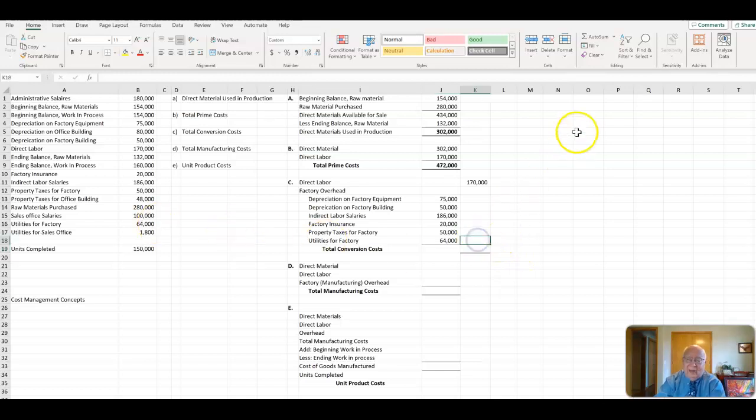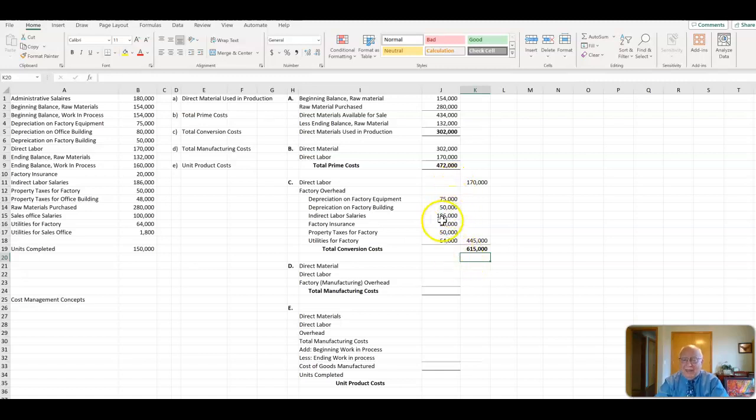Okay, so we add these up, and we come up with a total of 445, which we then add to the 170. 170 plus 445 gives us 615,000 for total conversion costs. Okay, so that's your conversion costs, which is direct labor plus your factory overhead.